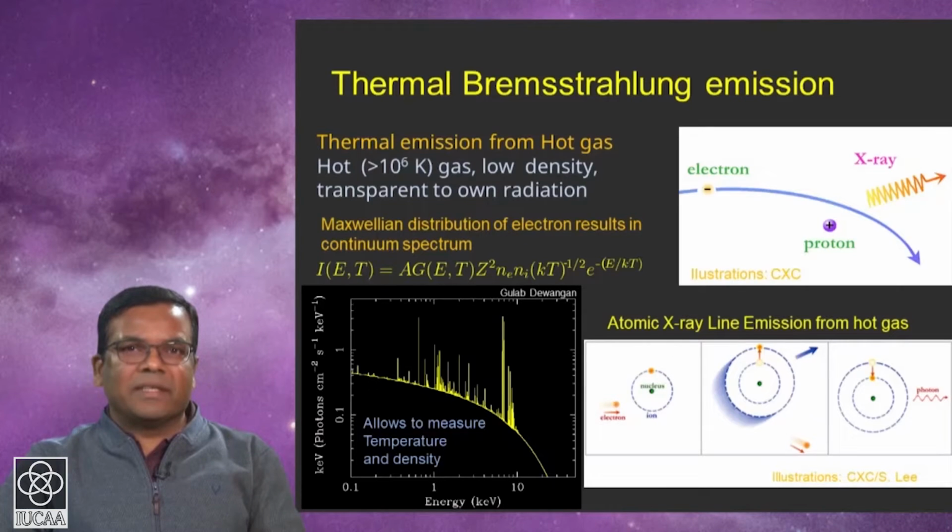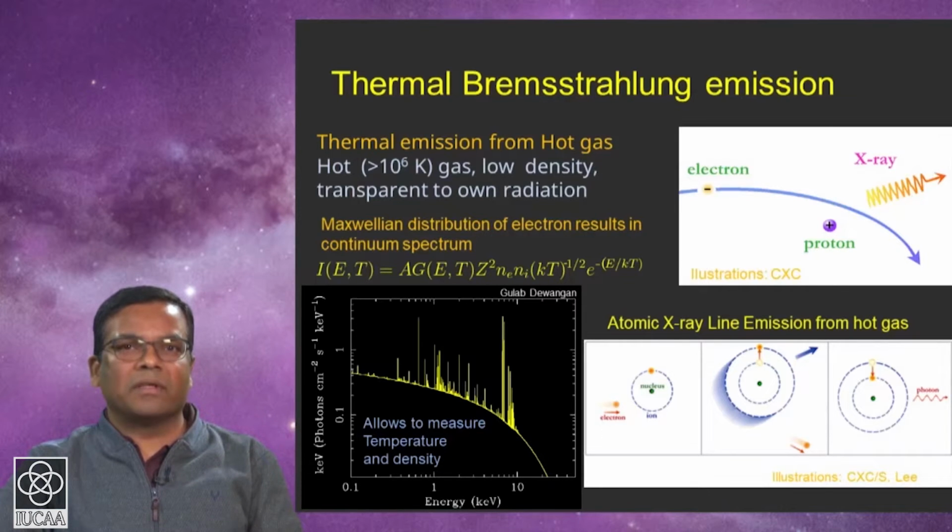The thermal Bremsstrahlung emission. Consider a hot gas with a temperature of about 10 to the power 6 Kelvin or more, with a low electron density, so that it is optically thin and transparent to its own radiation. At such a temperature, the atoms are ionized.